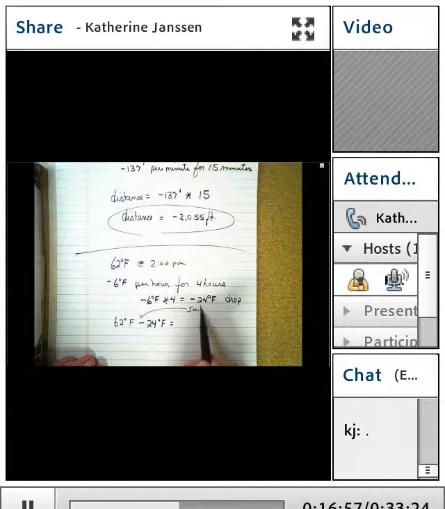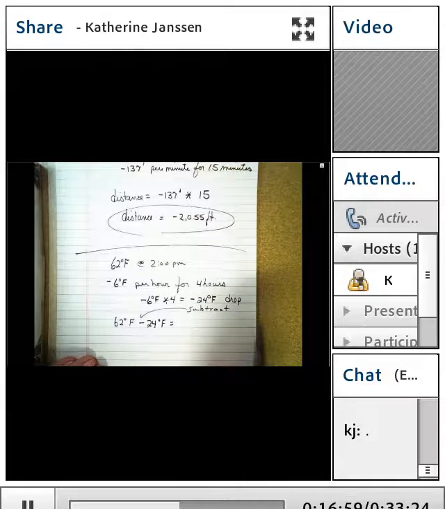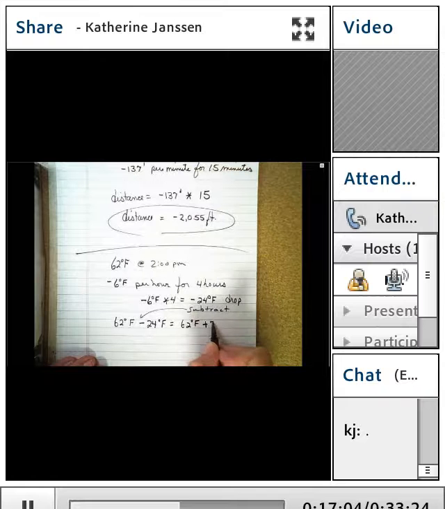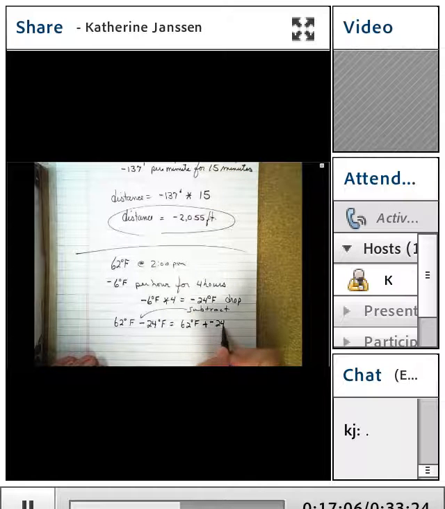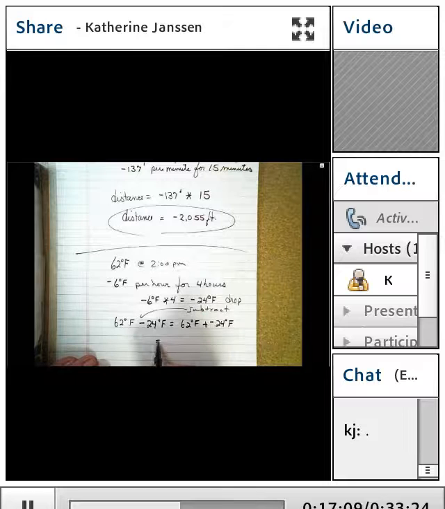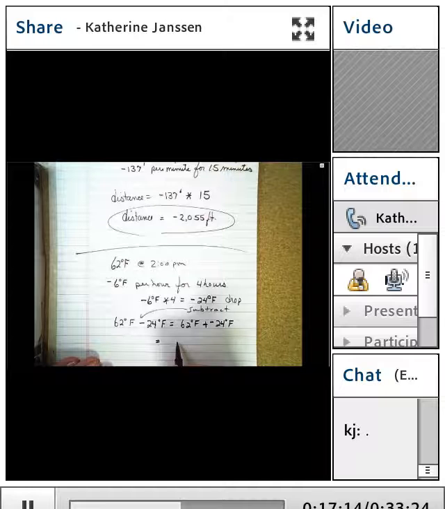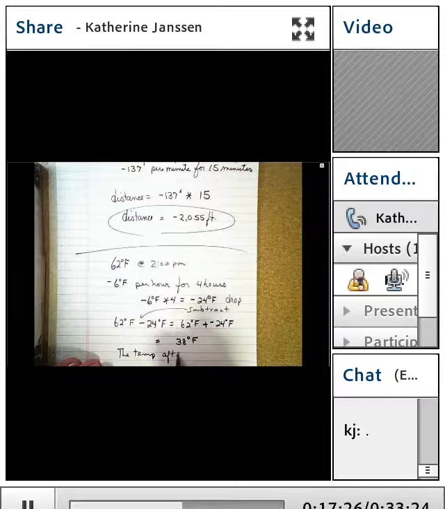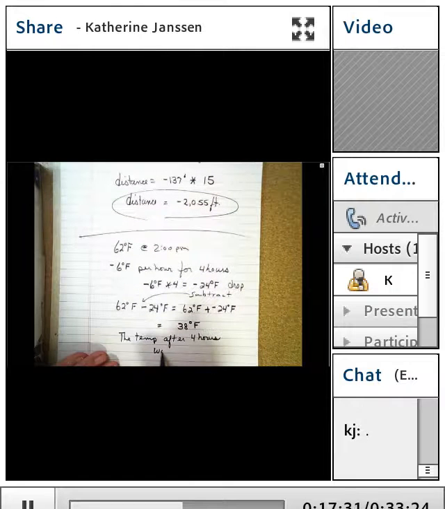With subtraction, we always change subtraction to addition and add the opposite. Now 24 from 62 is 38 degrees Fahrenheit. So the temperature after 4 hours was 38 degrees Fahrenheit.